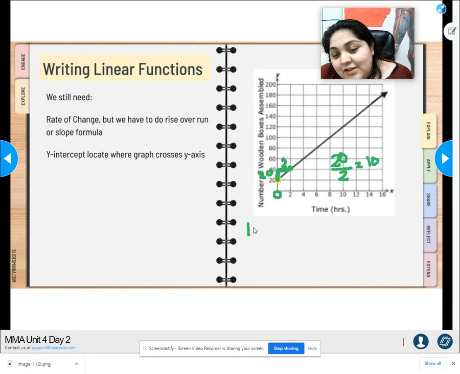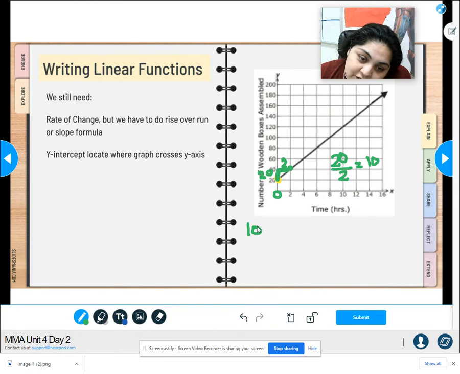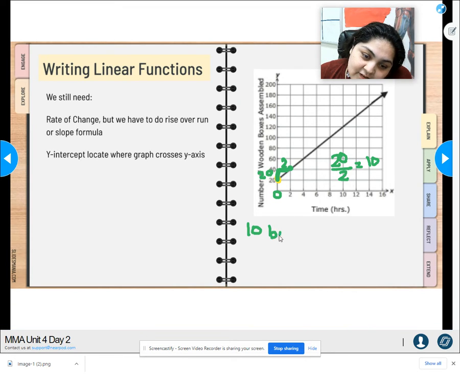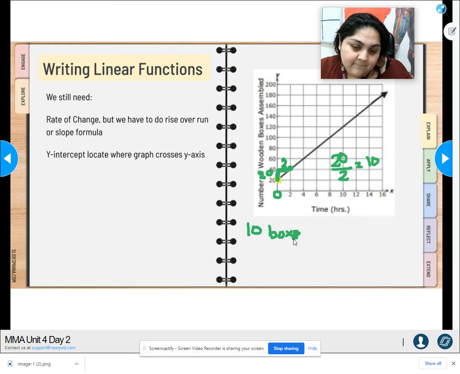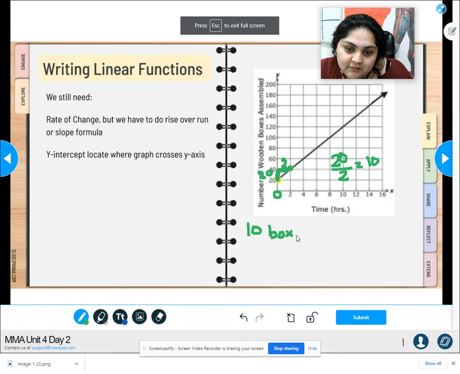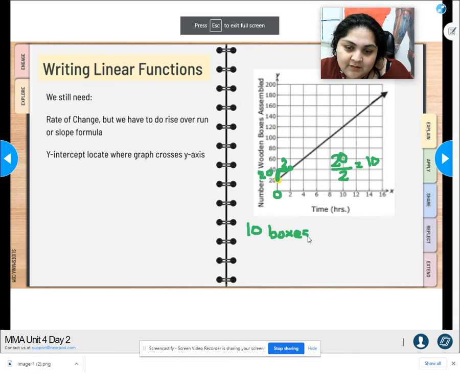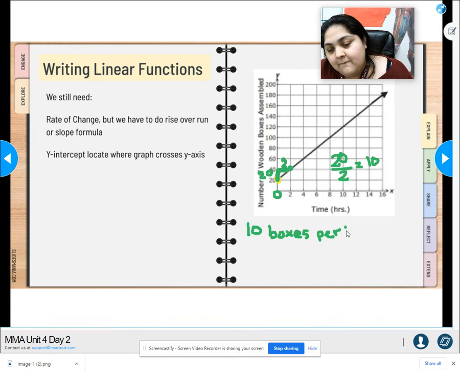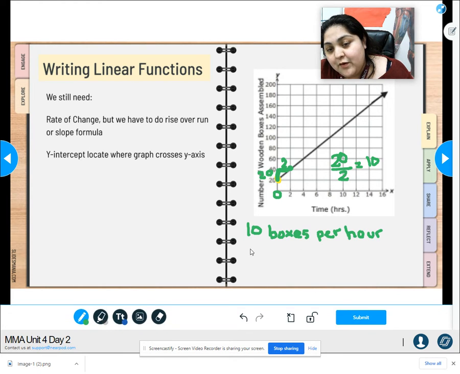So the rate of change is 10, and we go in and we look here, and I'm tilting my head so I could read it. Number of wooden boxes assembled. So 10 boxes assembled per hour. And then the y-intercept was 20.